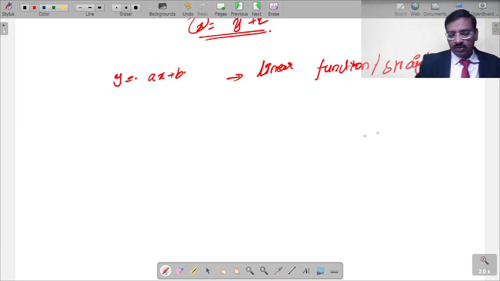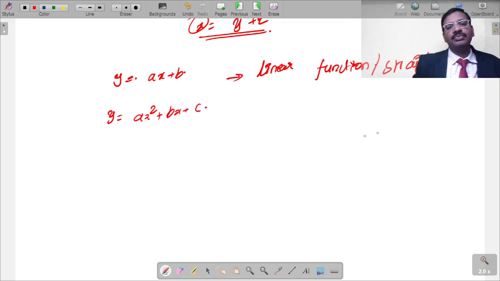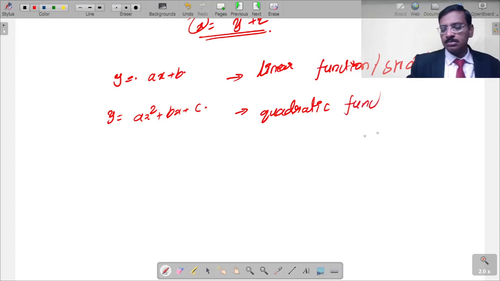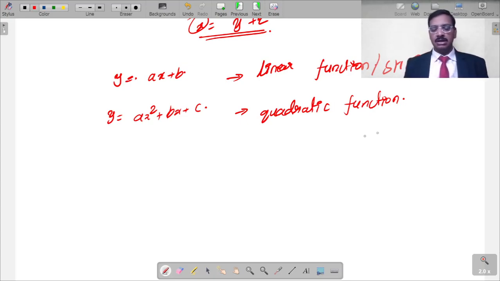Now we take one more. Suppose y is equal to ax square plus bx plus c, and this is called a quadratic function. Here the x square term is there. That is the reason we call this a quadratic function.